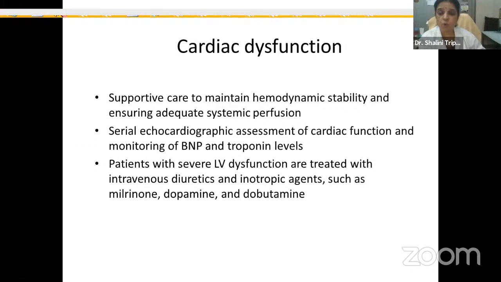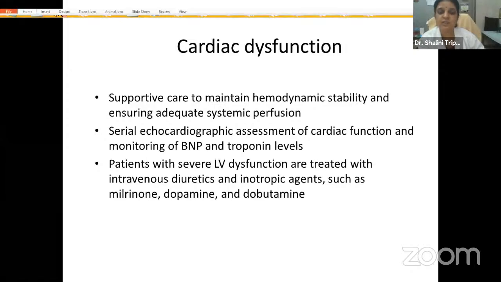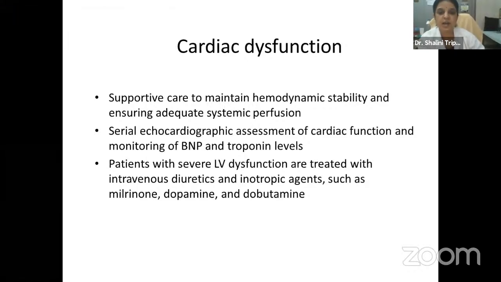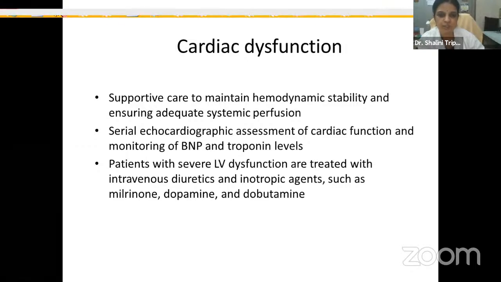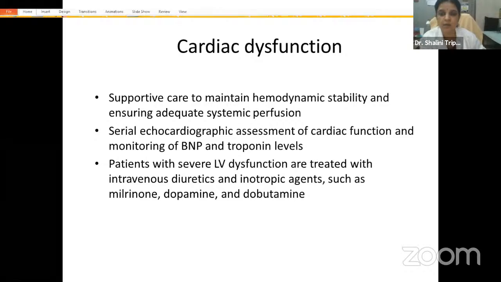We need to repeat only if the echo and these markers were raised the first time, and we repeat till they are normal. Patients with severe LV dysfunction are treated with IV diuretics and IV inotropes such as milrinone, dopamine, and dobutamine to manage the acute LV dysfunction.